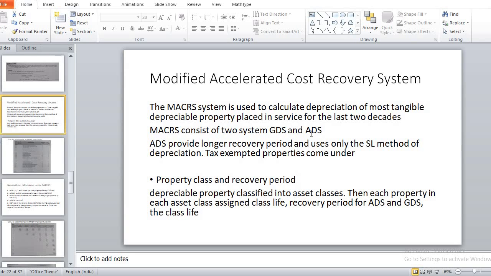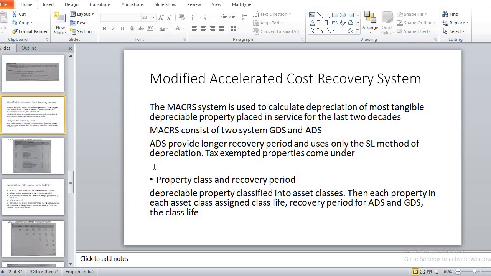ADS is generally provided for longer recovery periods, and for calculating depreciation value in the ADS system, we generally use the straight line method of depreciation.